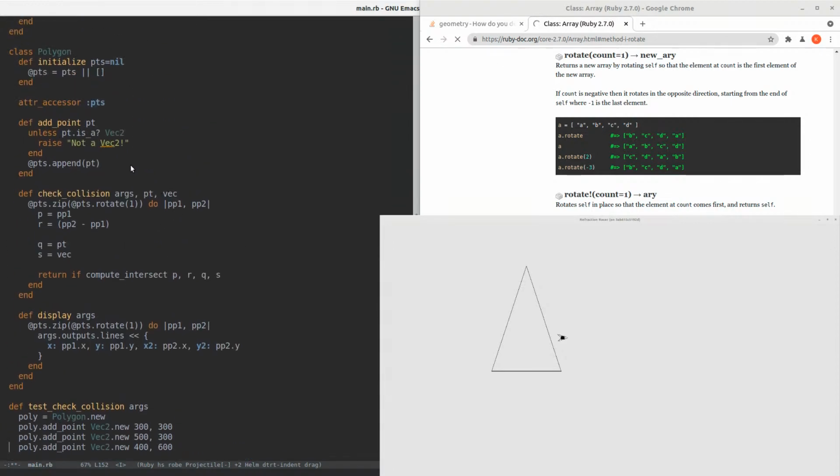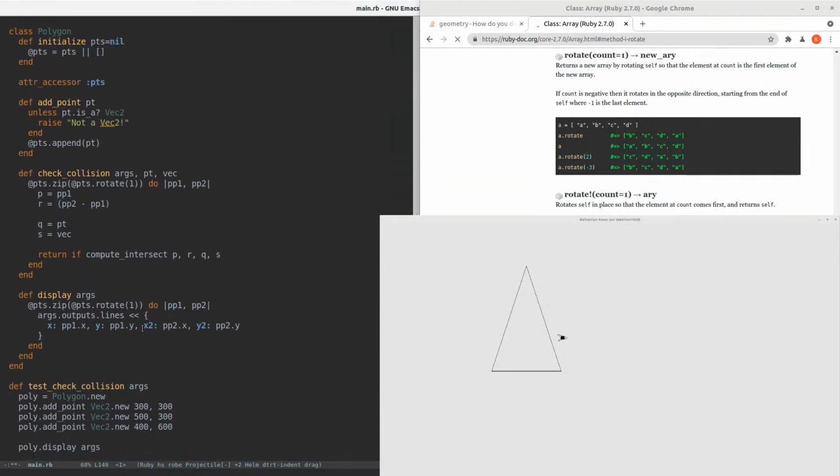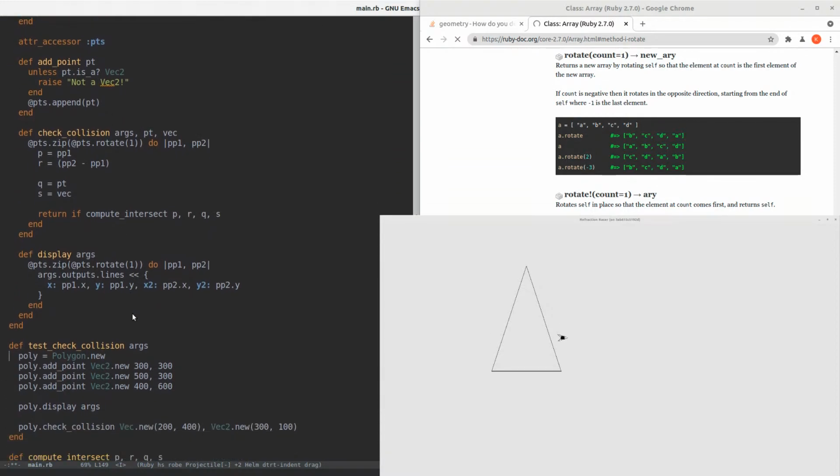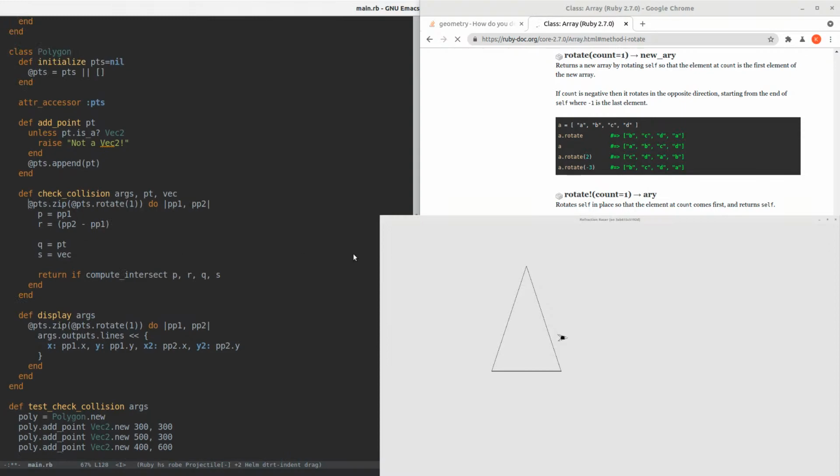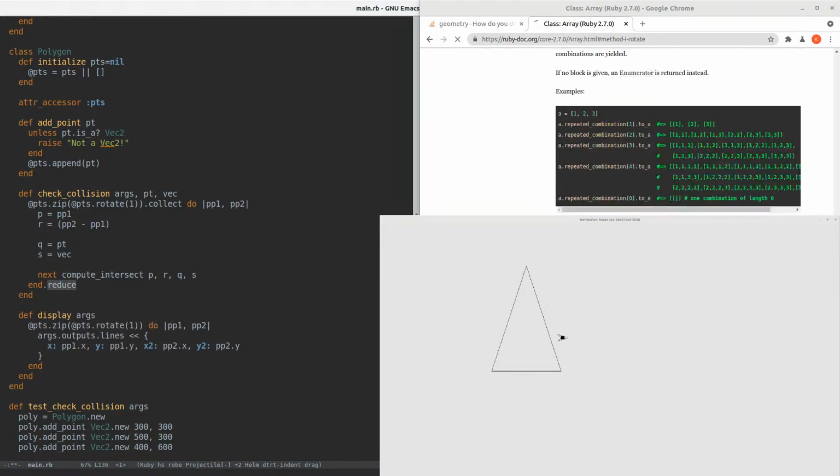And actually, you know what? I think what we want instead of just checking for a single collision, we want to get all the collisions. So we will do dot collect on this, and we'll do next compute intersect, and if it's nil, there's I think something called reduce.